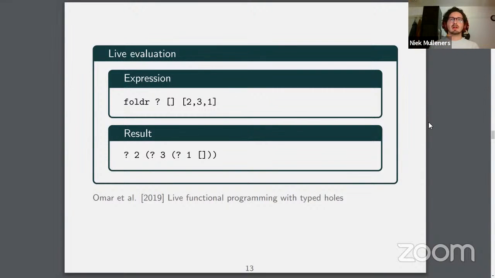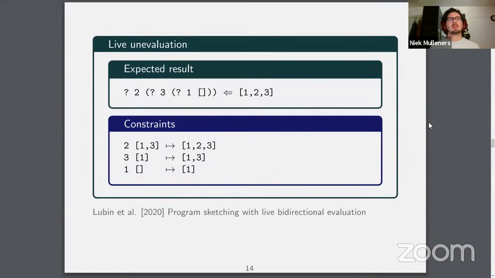All right. So then we have some expression containing holes, and then we want to apply live unevaluation, which basically says that we have some expression containing holes, and we expect a certain result from our evaluation. What constraints should be generated such that this expected result actually comes out?